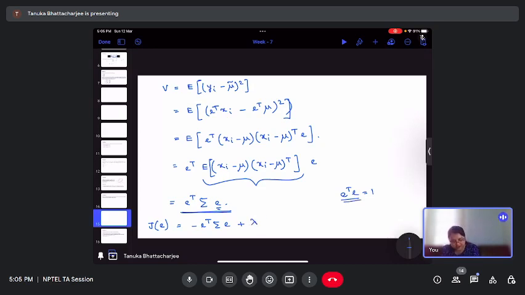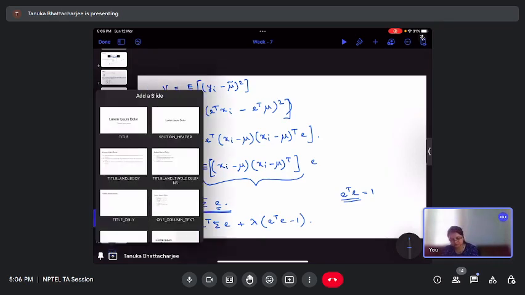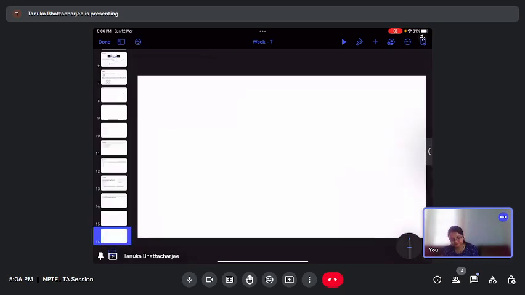So, we can add that as a Lagrange multiplier. This is our objective function. We have to minimize this expression to get our E.